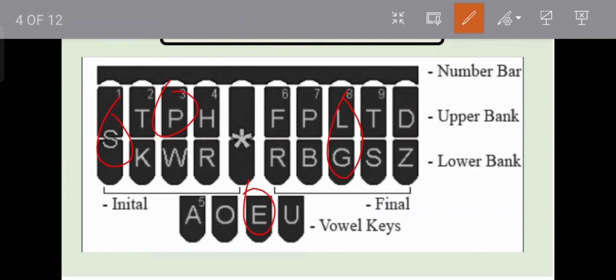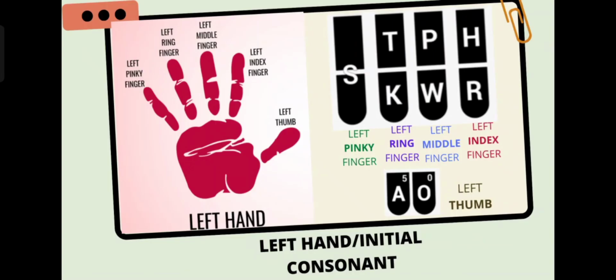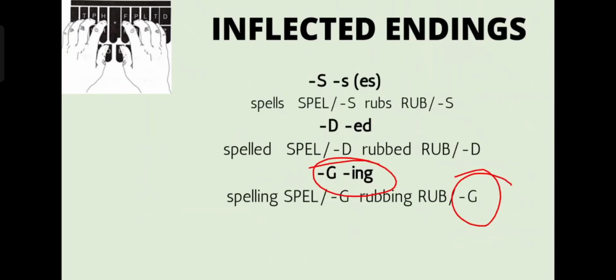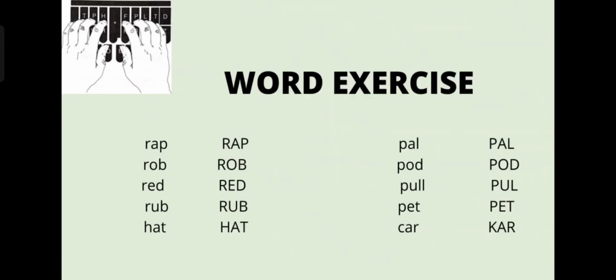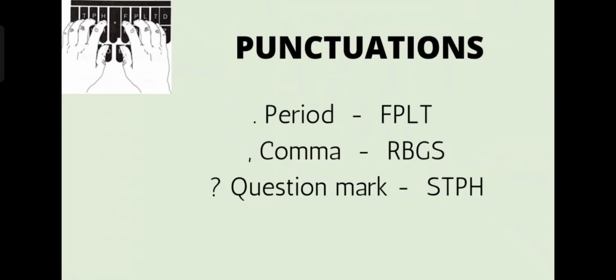You need a lot of practice so your hands get used to it, because it's not like a computer where you type letter by letter to create a word. There are many practice words or word exercises in your module. That will be your guide while you are practicing, following the rules that I have discussed today.